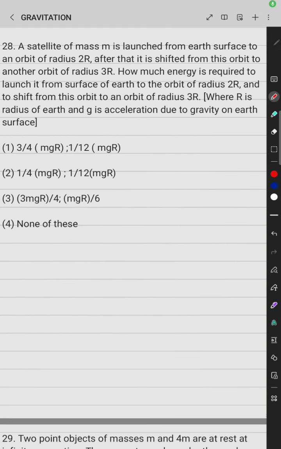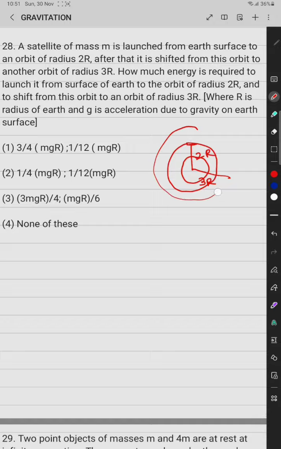This is the 28th problem. A satellite of mass m is launched from the Earth's surface to an orbit of 2r. So first of all it is shifted to the orbit of 2r, then from this orbit to 3r. First we shift it to 2r, then shift it to 3r. Initially it is on the ground. So what is the total energy on the ground?